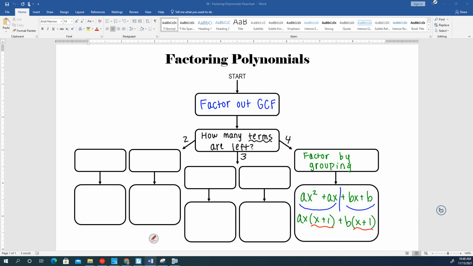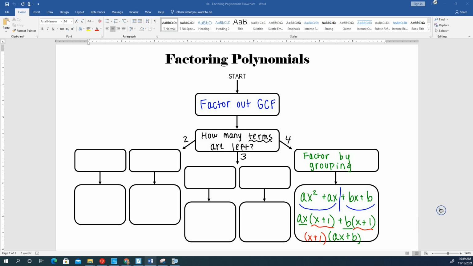What do those two terms have in common? X plus 1, right? They both have x plus 1. So we're going to factor that out, the one that matches, the x plus 1. And if I divided that out from each of these terms, I'd be left with these GCFs, ax plus b.